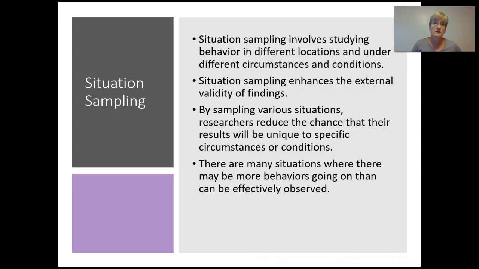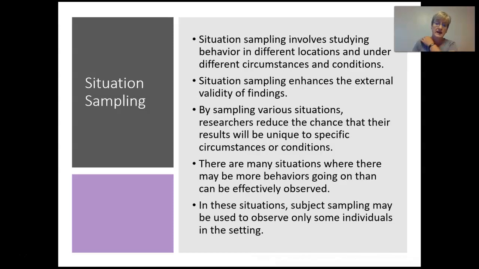And if the potential behaviors that you could observe are hidden or just embedded in a complicated environment, then it's more challenging. Or let's say you're interested in what people say to each other. If the situation is simply too noisy for you to hear, that's a problem in terms of situation sampling. Also, just the density of the crowding. If you have a real complicated social situation, it'd be hard to observe.